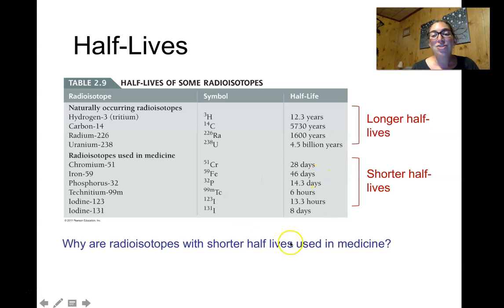So in medicine, we choose radioisotopes that have very short half-lives, preferably only hours, but at the most several days. Iron-59, I don't even know what it's used for, but it's probably not a very popular one because it has a very long half-life of 46 days, meaning that it takes 46 days for your radiation levels to drop by half.